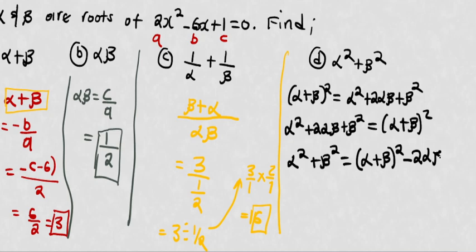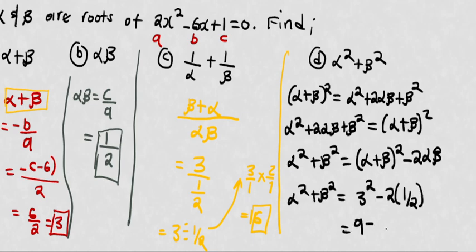We found alpha plus beta to be 3. Then it is squared minus 2. What is the value of alpha beta? Alpha beta is half. Then this becomes 3 squared is 9 minus 2 multiplied by half is 1. Then 9 minus 1 we get 8. So the value of alpha squared plus beta squared is equal to 8.